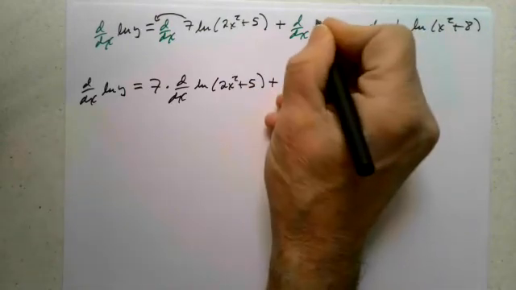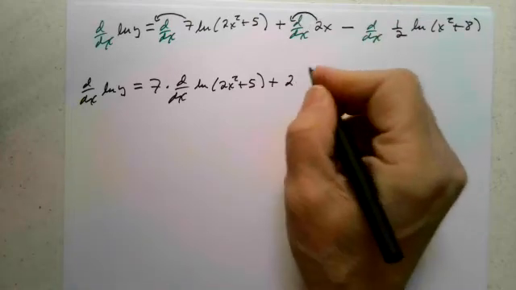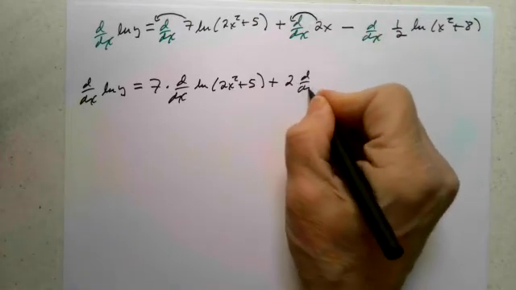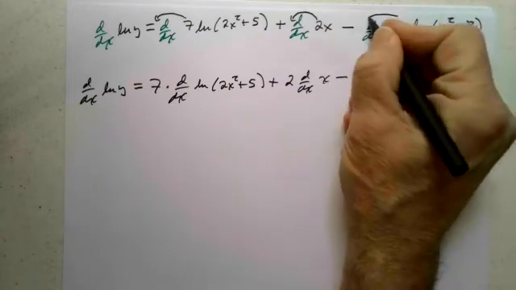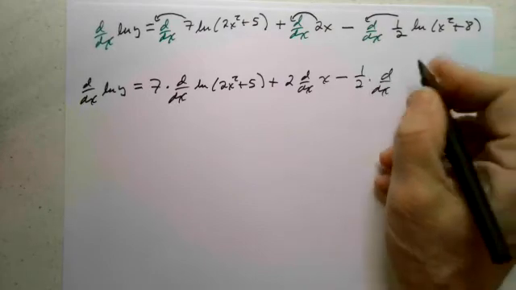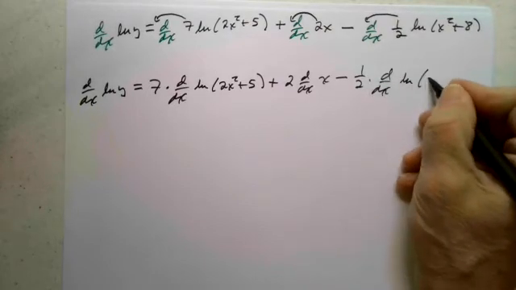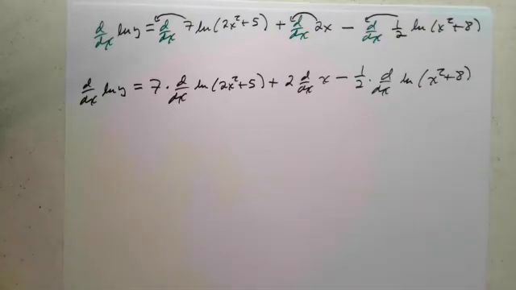I guess we could pull the 2 out in front. You don't really have to. It's pretty easy to do without doing that, but for consistency's sake, I will. 2 times the derivative with respect to x of x minus, pull the 1/2 out in front, minus 1/2 times the derivative with respect to x of the natural log of x squared plus 8.